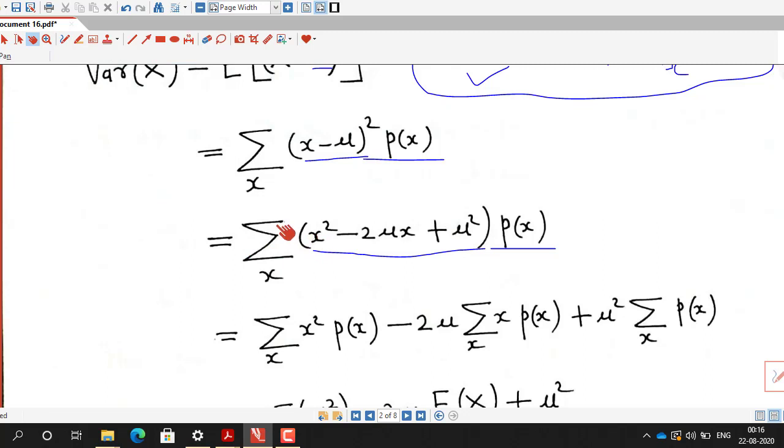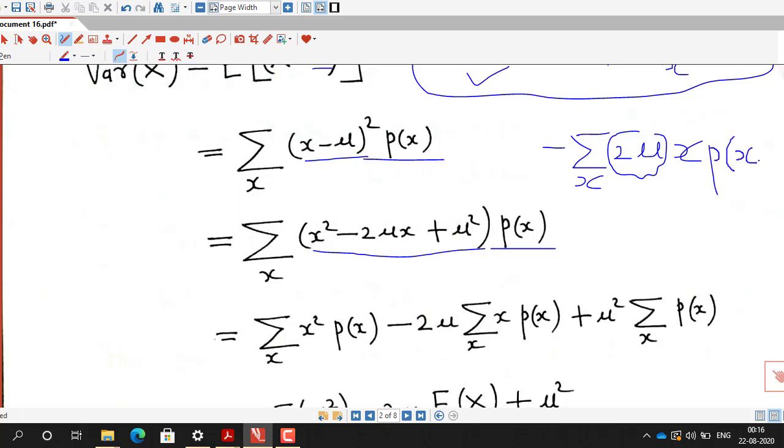It is summation x square into p(x) minus sigma 2 mu x into p(x) plus sigma mu square into p(x).